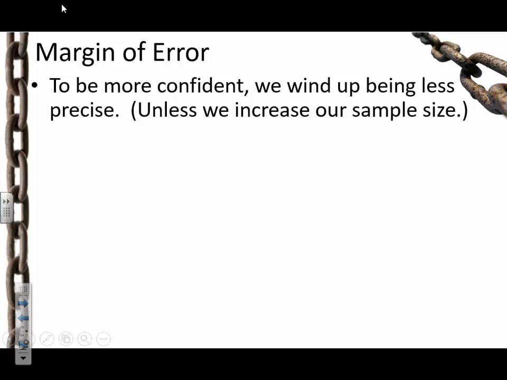If we increase our sample size, we can actually narrow in on that true value without losing confidence. So by gathering a larger sample, we would be able to zero in on that true value without sacrificing confidence in our interval.